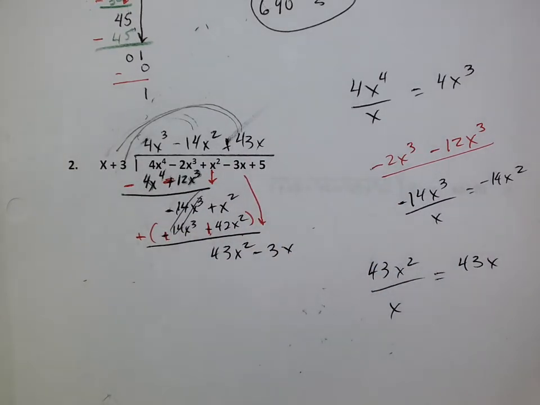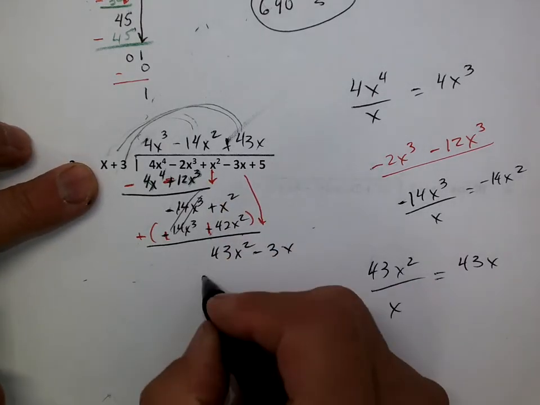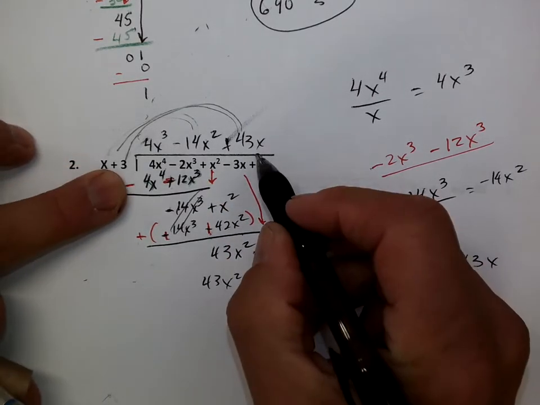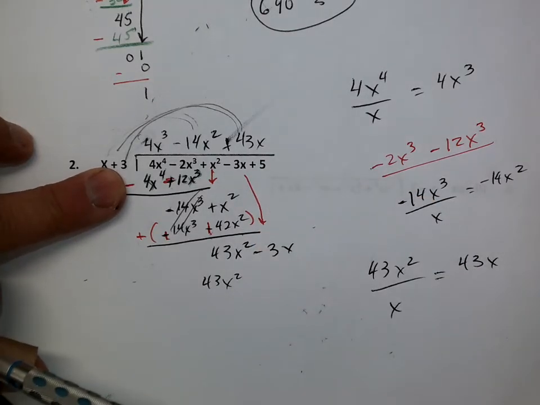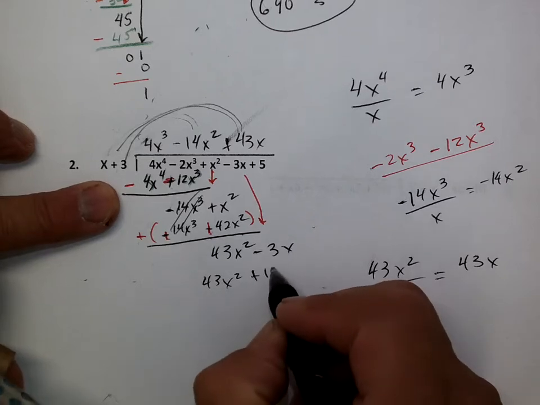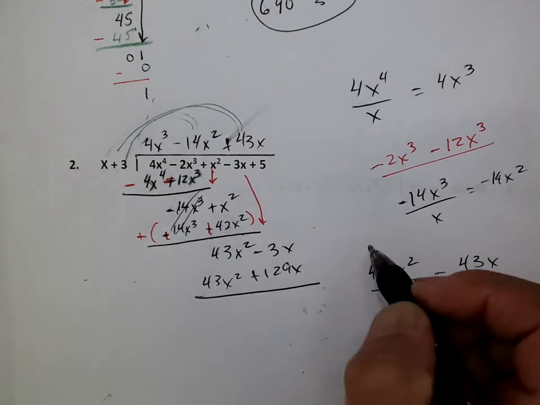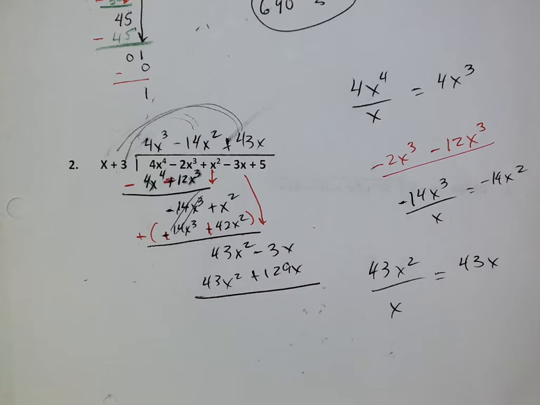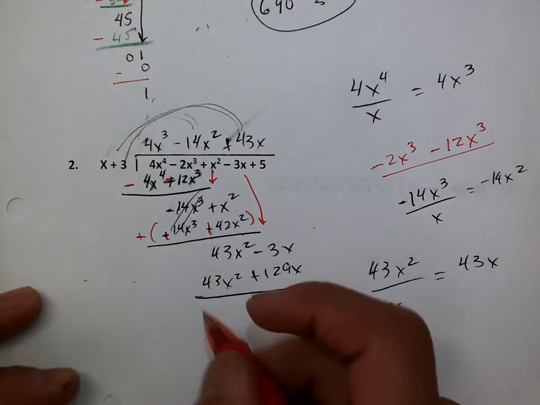So I'm going to multiply. And I'm going to get a 43x squared. And what's 43 times 3? I don't know. 43 times 3. I get 129, plus 129x. Okay, I'm almost done. These are hard, aren't they? So then I'm subtracting, right?